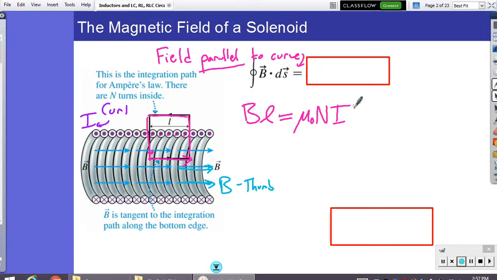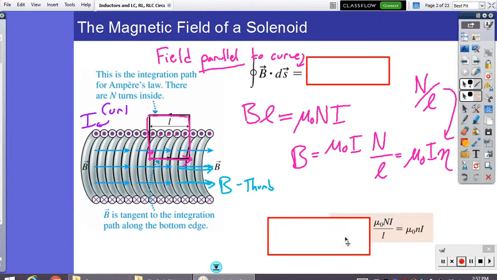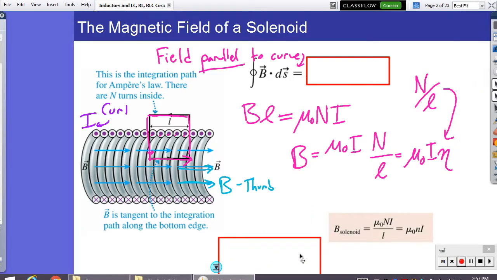So what we find in the end is that our magnetic field inside is mu0 times I times N over L, and sometimes this is written instead as mu0 I times, sometimes I've seen it called little n and called nu, where this is basically the turns per meter, so like what's the density of turns. So it's important to remember that little thing. So that's the magnetic field of a solenoid.